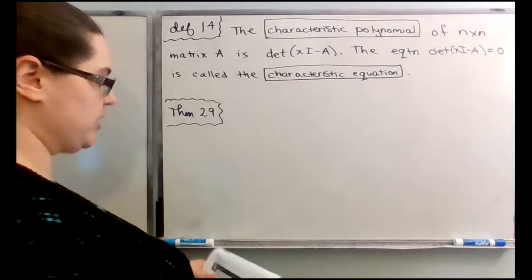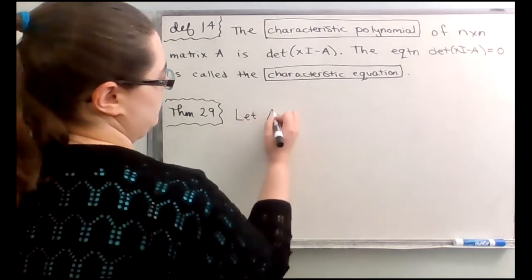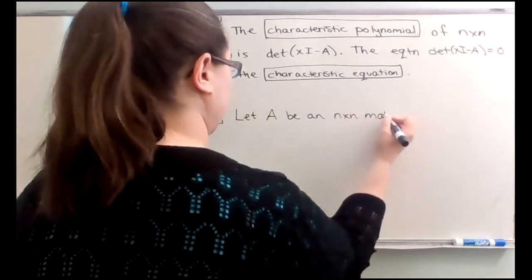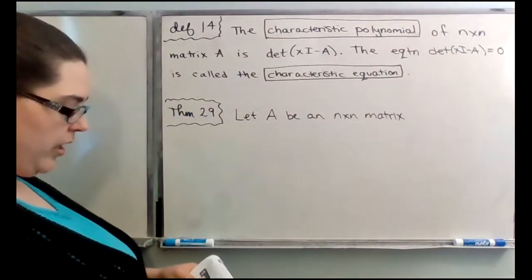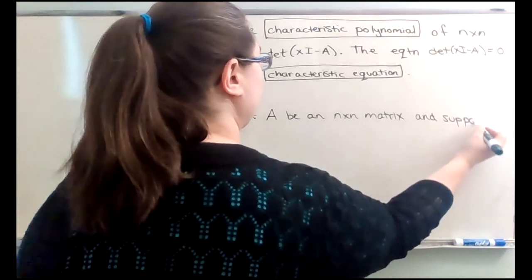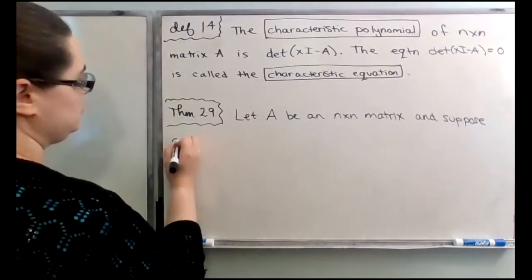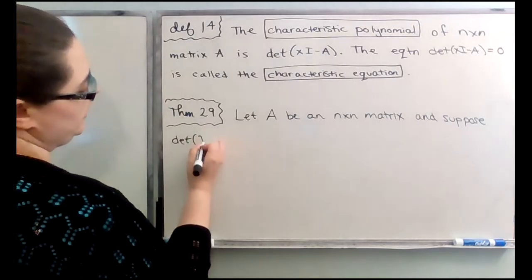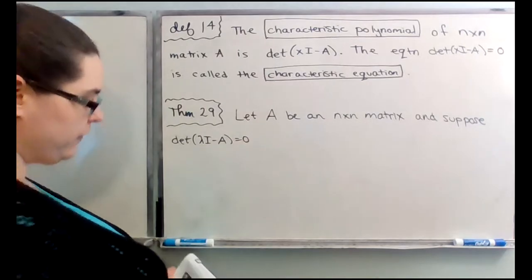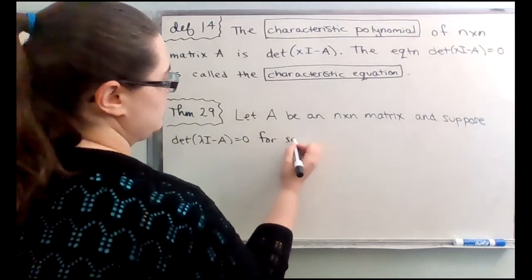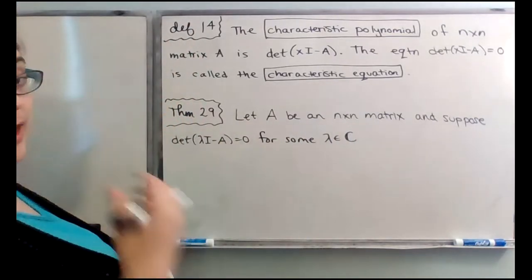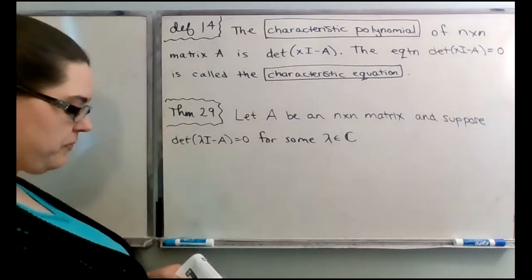Let A be an n by n matrix, and suppose the determinant of lambda I minus A is equal to 0 for some lambda in C. So we're now allowing complex values here, not just real.